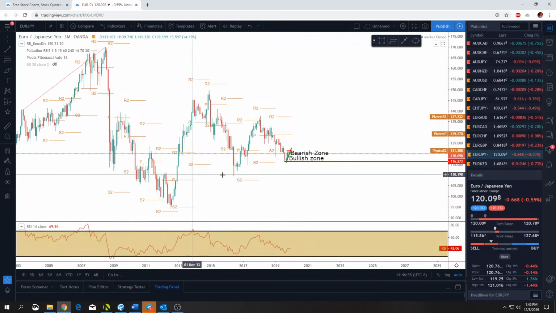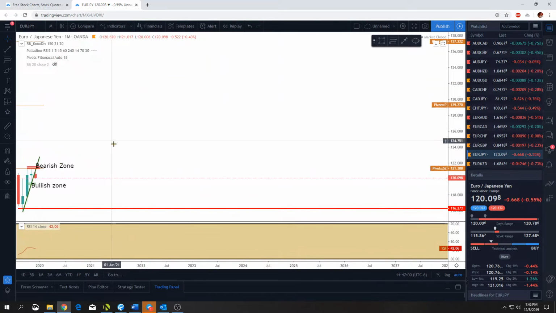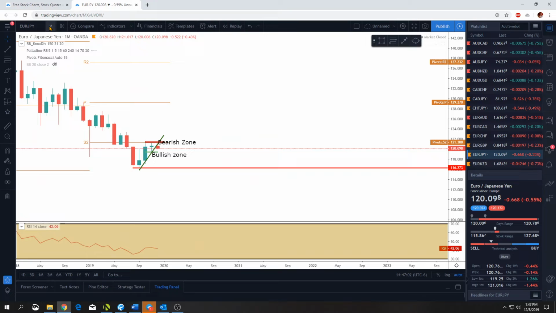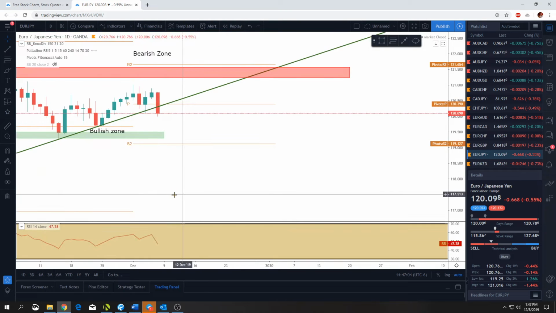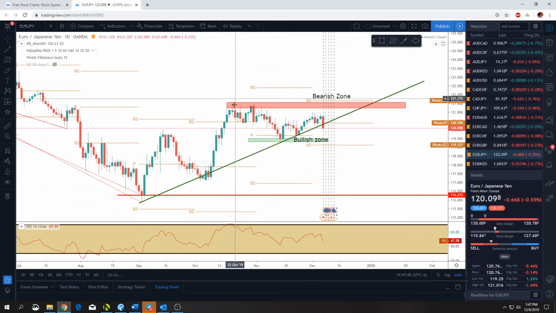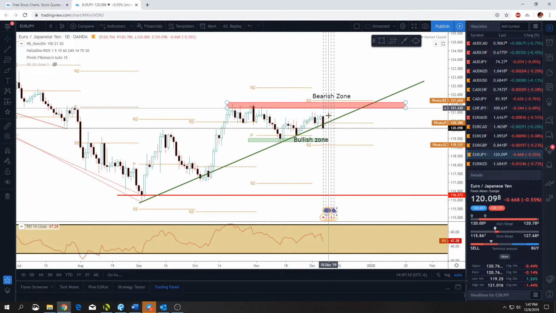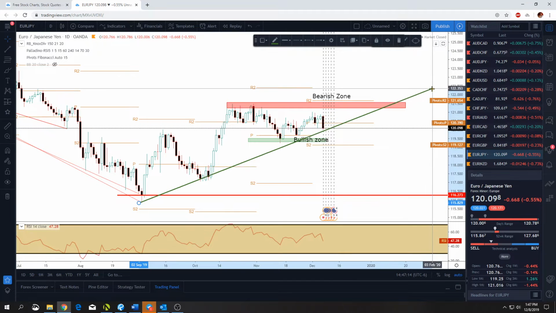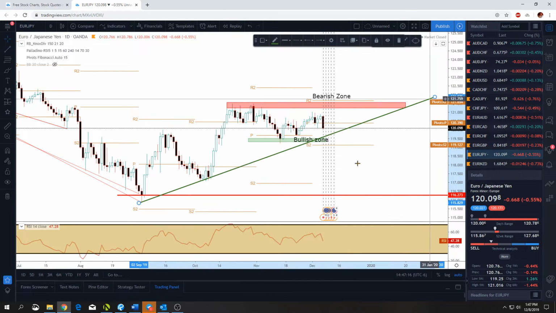Euro JPY. So let's go back to our daily. So you can kind of see we've got our resistance drawn, didn't quite push up into it. Now we had this upward trend line that, if we draw correctly there, we're kind of in this sideways pattern.